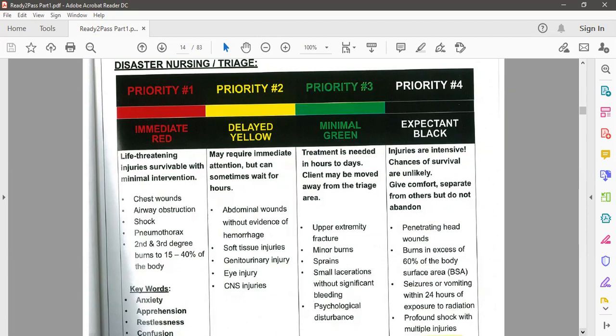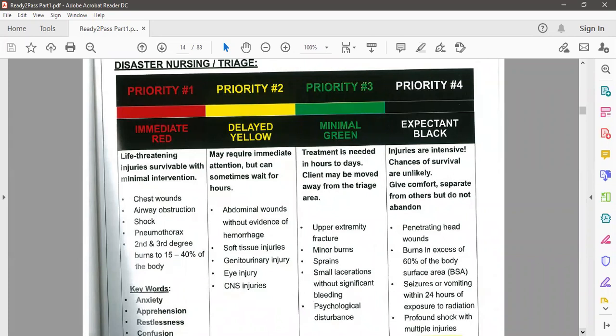Because of our clinical experience, anatomical, physiological, and pathological knowledge, we have the ability to predict what will be going on with our patient. So whatever we do, the patient will not survive. This is expected to die, black tag. So I said the black tag is expected and allowed to die.